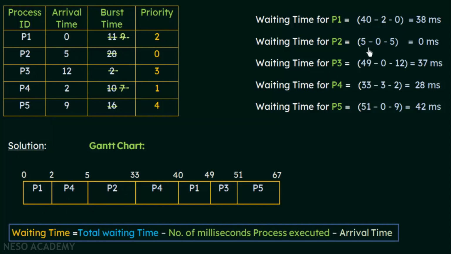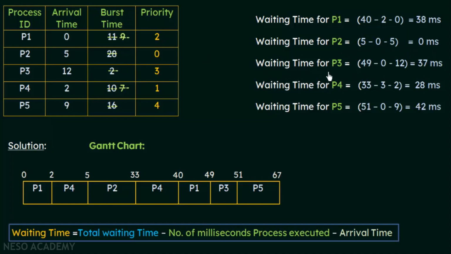It is 5. So 5 minus 0 minus 5, which is 0 milliseconds. So we see that in this table, P2 arrived at the 5th millisecond, and since it was of the highest priority among this set of processes, it was immediately given the CPU when it arrived, and it did not have to wait, and it was not preempted by any other processes because it is of the highest priority. So that is why the waiting time of P2 is 0.